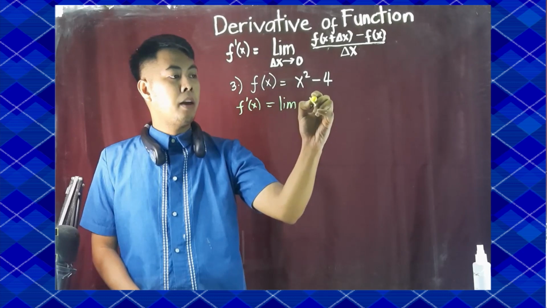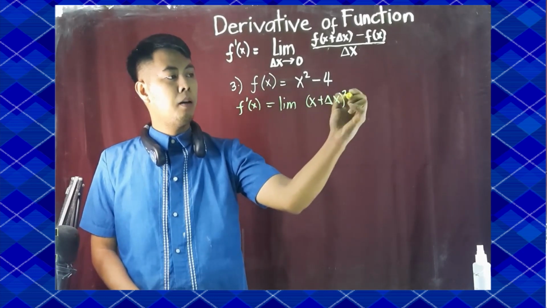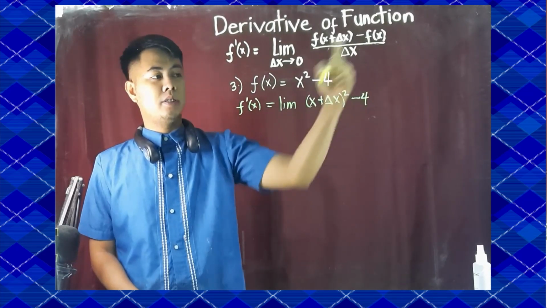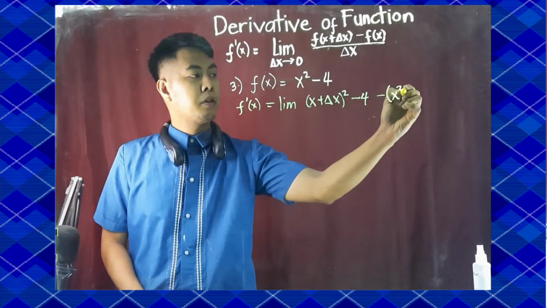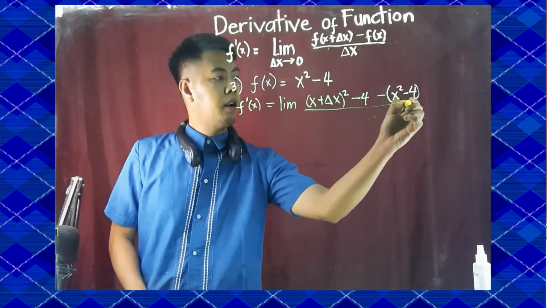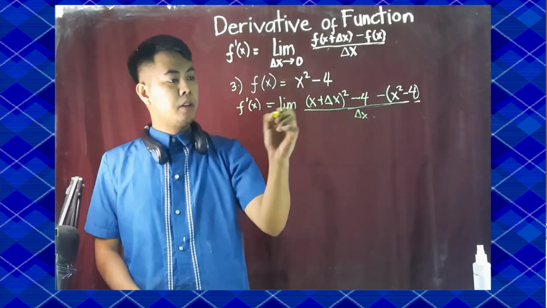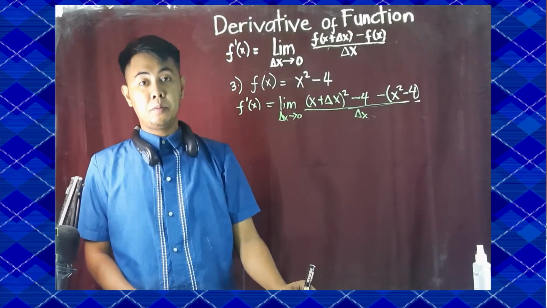So, this will become x plus delta x squared minus 4 minus the f of x. Okay, so this is our function minus x squared minus 4 all over delta x, where delta x approaches 0.